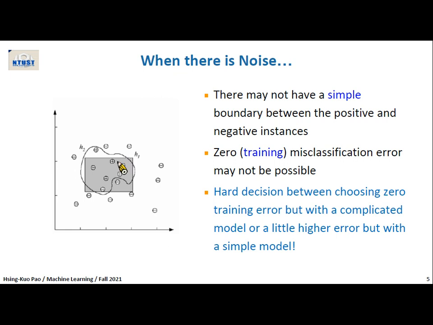If it's the original rectangle, to check inside or outside we just need to check P1, P2, E1, E2 to make sure it's inside this box. If it's this curve model, how do we check? One situation, you can assume the curve model could be the intersection of a lot of linear models. Think about here, it will be linear.